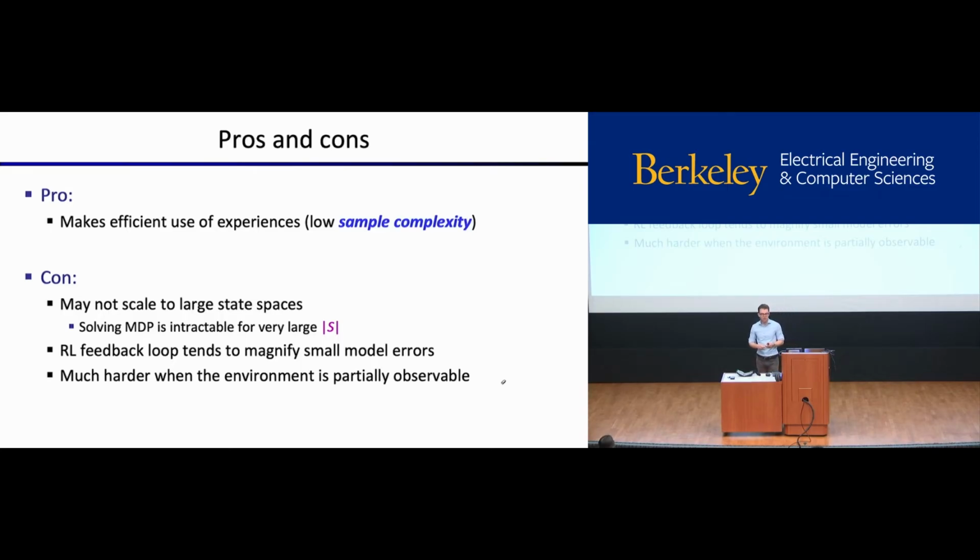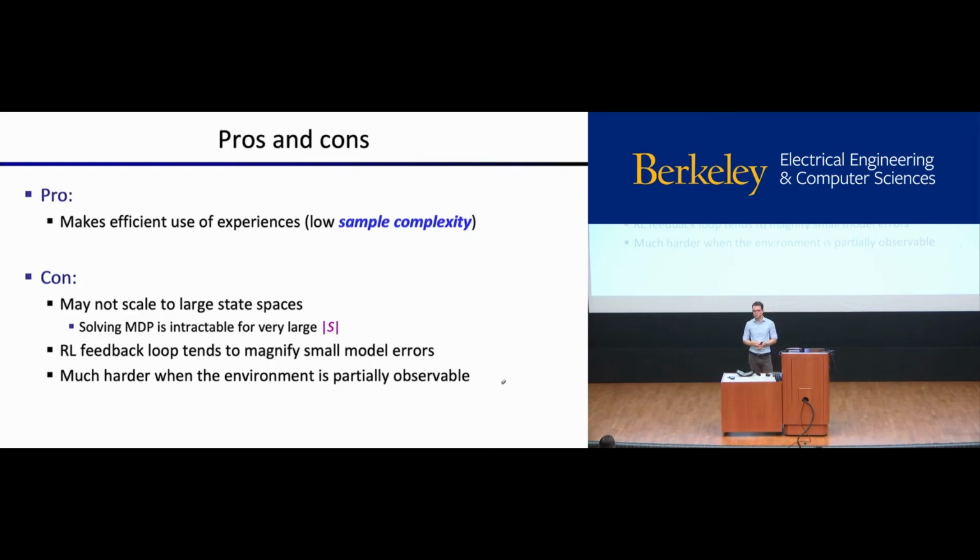One benefit of this is that it makes really efficient use of experiences, because you have this model in your head, you can query it to see what's going to happen in various scenarios, and that allows you to generate data. So you only have to interact with the actual world to get your model, and then once you have a good model, you can learn with that model by just imagining experiences. Provided that your model is good enough, imagining those experiences is kind of like being in the real world.